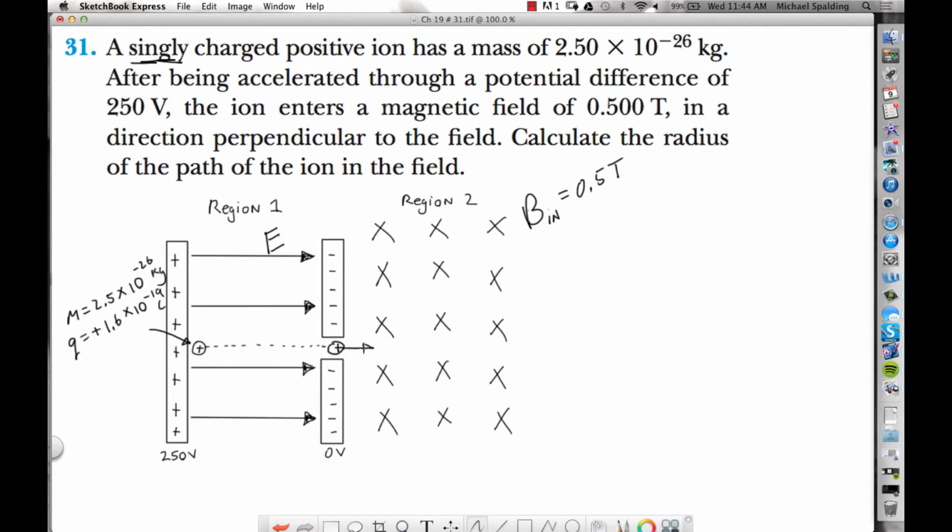and it's going to be launched into region 2, which is only magnetic field. And the thing they want us to find is the radius of the circular path in the magnetic field.